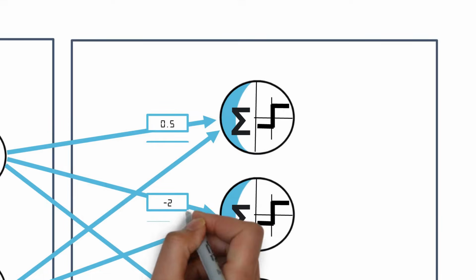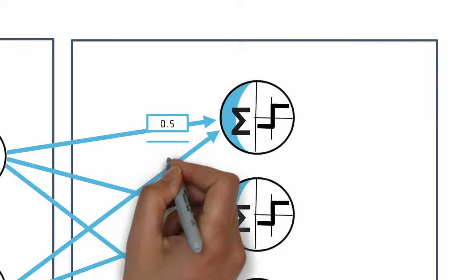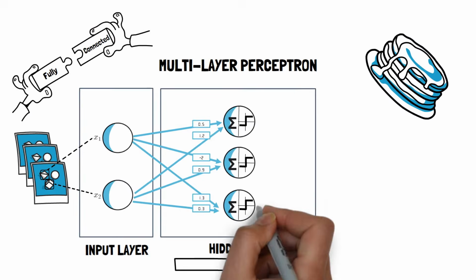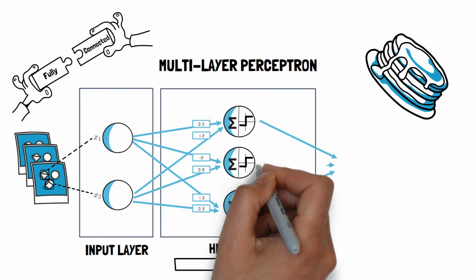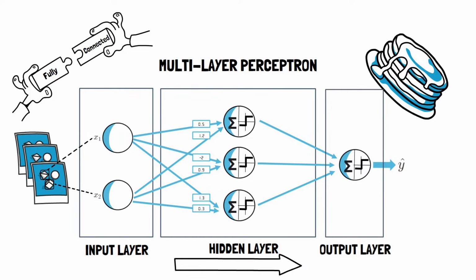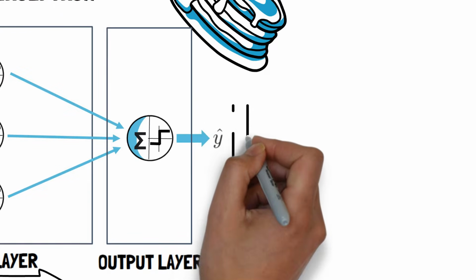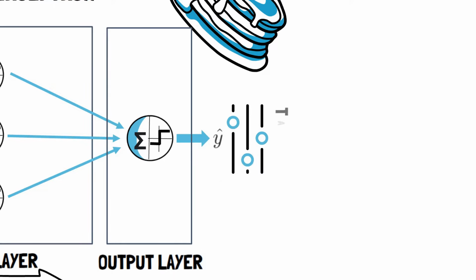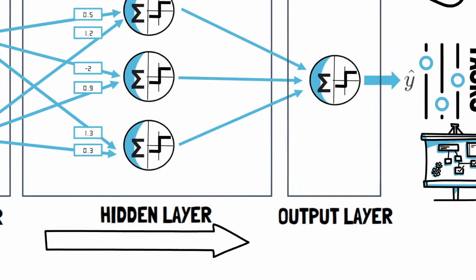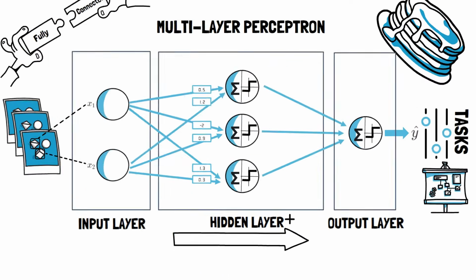Here we have a compact representation of a perceptron with its unique set of weights. Finally, the individual outputs of each perceptron in the hidden layer are fed into the perceptrons of the output layer. We'll see later how to set up this final layer for different tasks such as classification and regression. There can be many hidden layers, making the network arbitrarily deep.